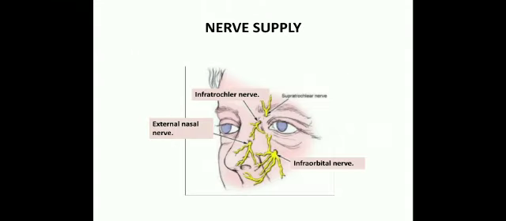The nerve supply of the external nose includes the infratrochlear nerve, the external nasal nerve and the infraorbital nerve.